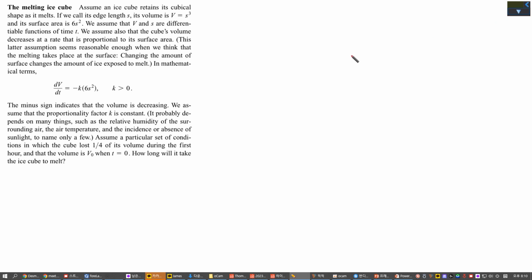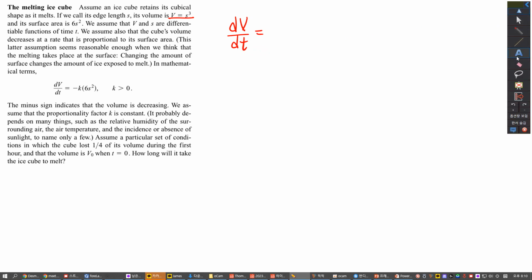Yeah, so because V is equal to S cubed in ice cube, if we differentiate this equation, dV over dt is equal to, what's the derivative of S cubed? 3s squared, yeah, 3s squared and ds over dt.